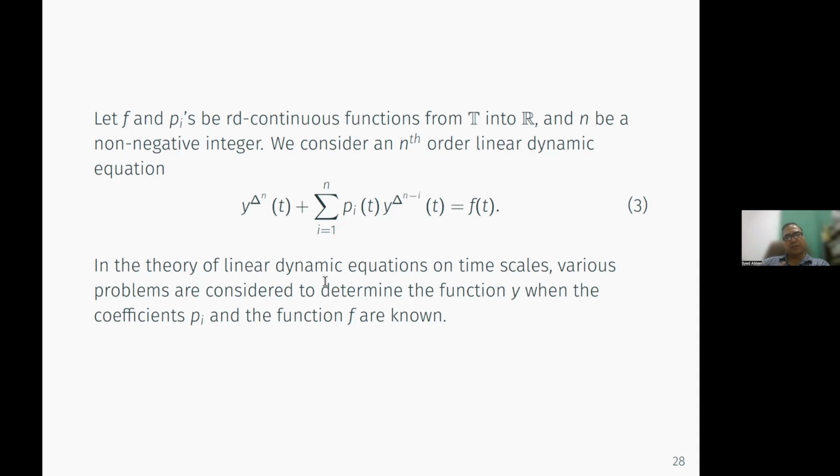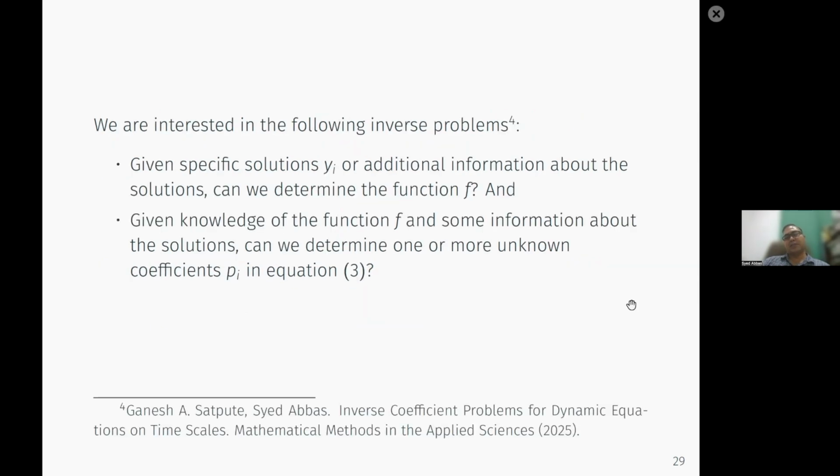In the theory of linear dynamic equations on time scales, various problems are considered to determine the function y when the coefficients p_i and the function f are known. This is the forward problem: given these p_i and f, people have discussed the existence and other properties of the solution.